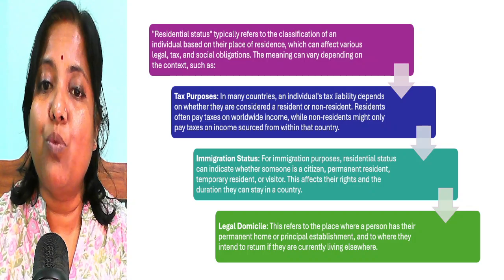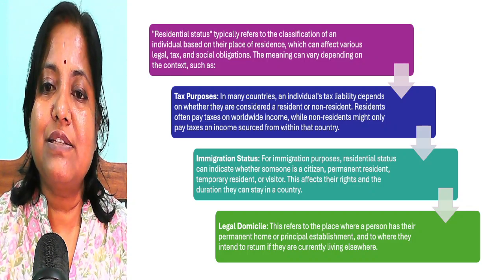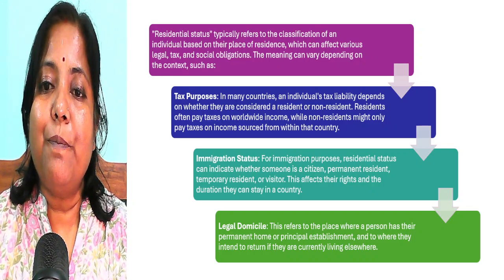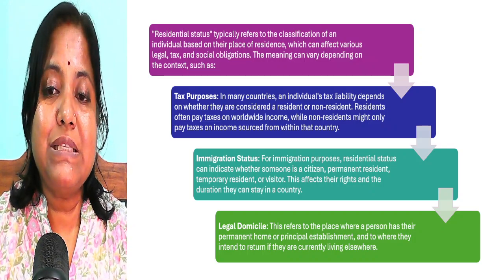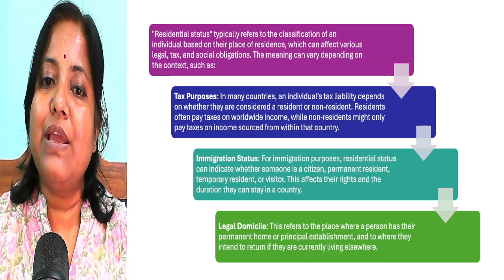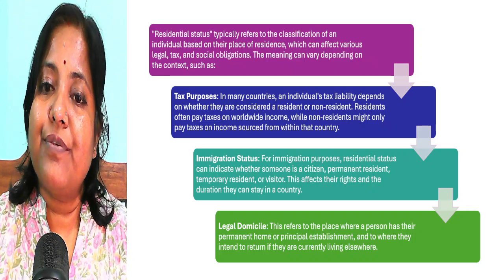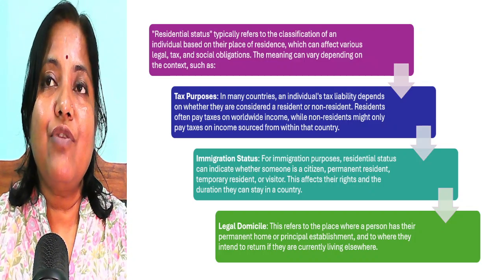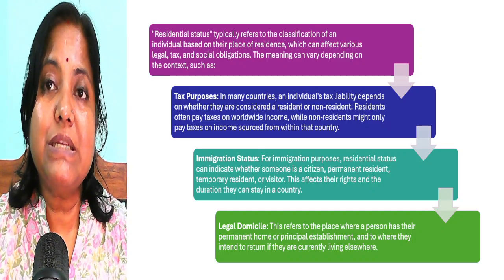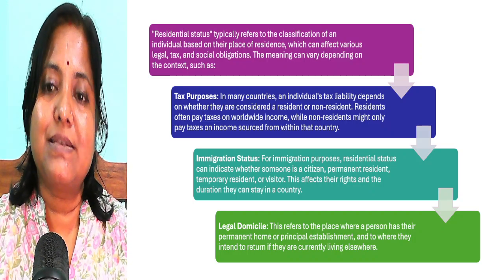Third is the legal domicile. What is legal domicile? It refers to the place where a person has their own or permanent home or principal establishment, and to where they intend to return if they are currently residing somewhere else. For example, a person is a citizen of India but is residing at present in the US.